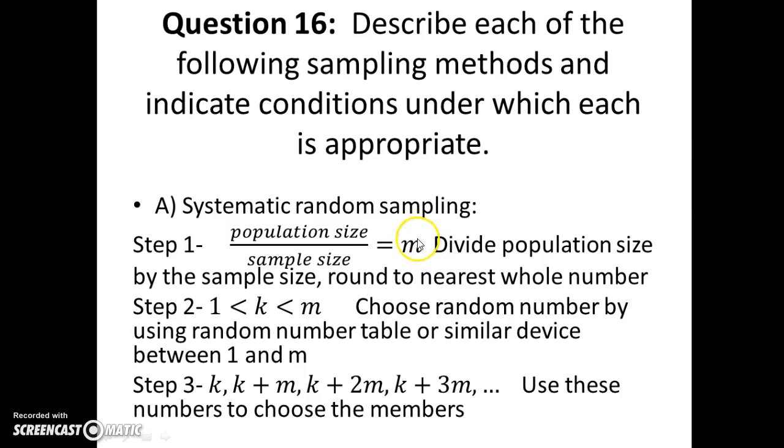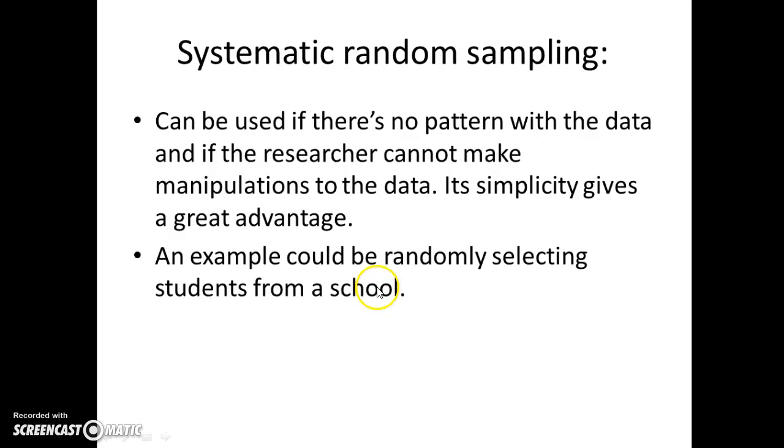After you get m, between 1 and m you choose another random number k, using a number table or a similar device. Then you use k plus m, k plus 2m, k plus 3m, and so on, to choose the members. This is how we do systematic random sampling.